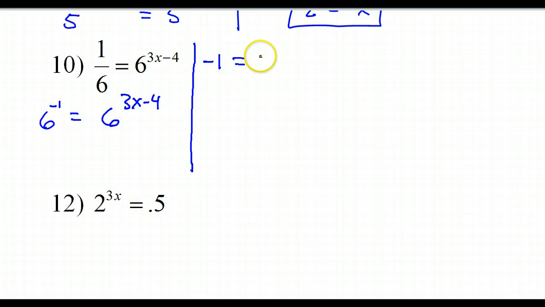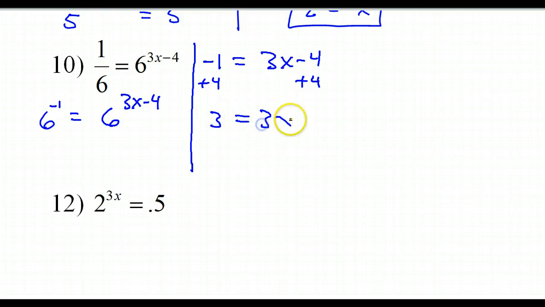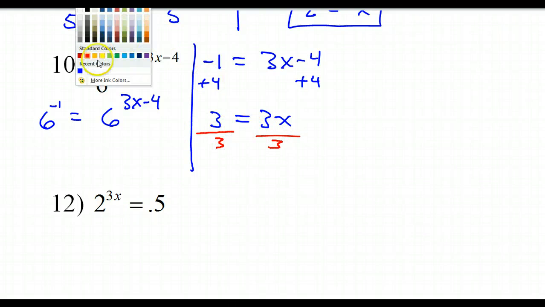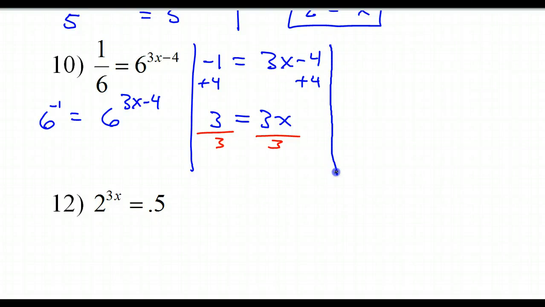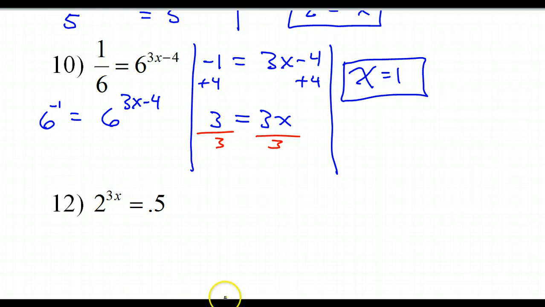So that means negative 1 will equal 3x minus 4. If I add 4 to both sides, I get 3 is equal to 3x. If I divide both sides by 3, I get x equals 1. All right, so that is number 10.